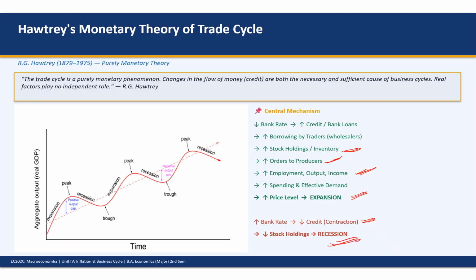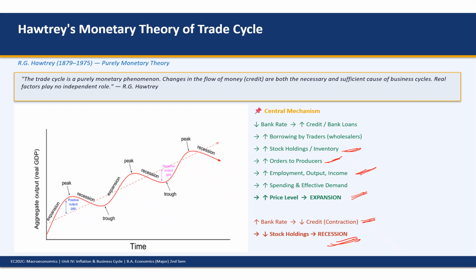The important idea here is that the cycle is transmitted through bank credit. Hawtrey believed that money and credit are the real engine of business fluctuations and not non-monetary or real factors.